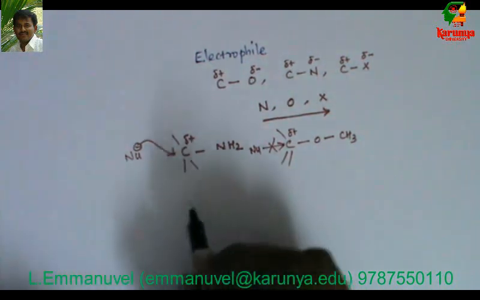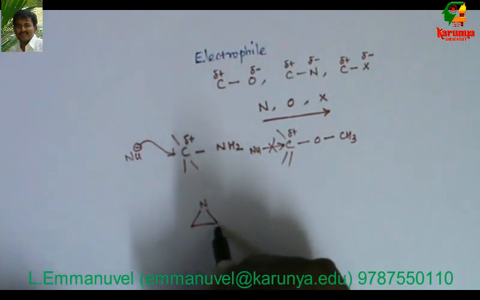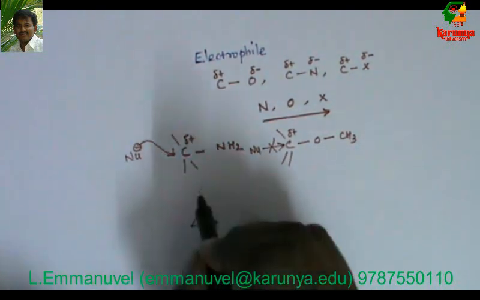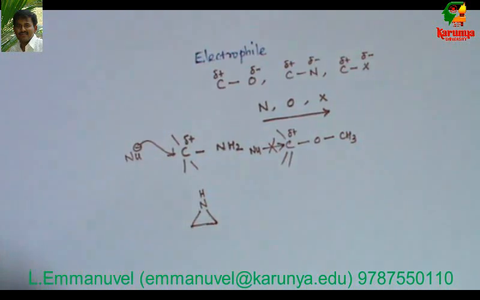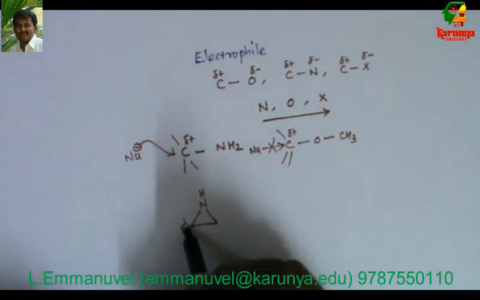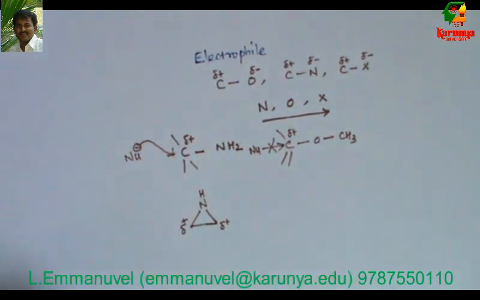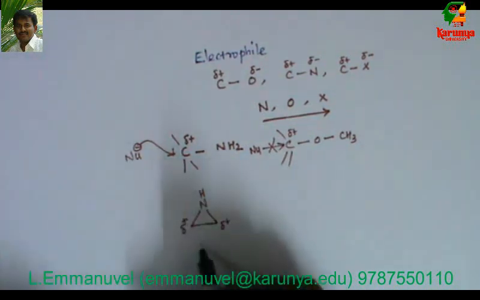But there is a type of compound, that is aziridine. So aziridine, it is 3-membered ring. In this case, not only del plus on this carbon or this one, but also there is ring strain.